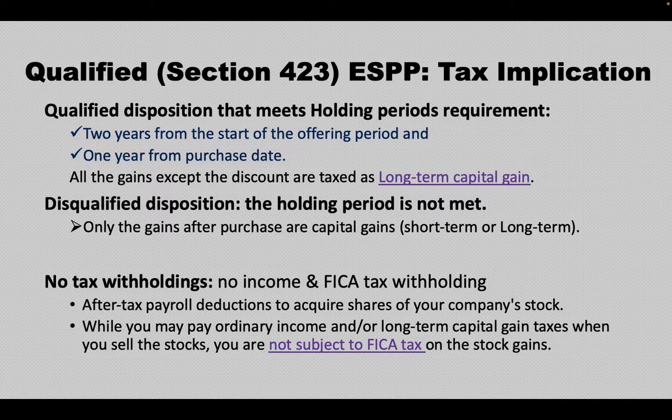That's another benefit to you, because any other money you make from your salaries or wages, you are always subject to FICA tax, which is Social Security and Medicare tax. However, with this one, if you have gains, you do not have FICA tax, especially if you hold the stock with significant gains, so that's just a huge benefit to you.